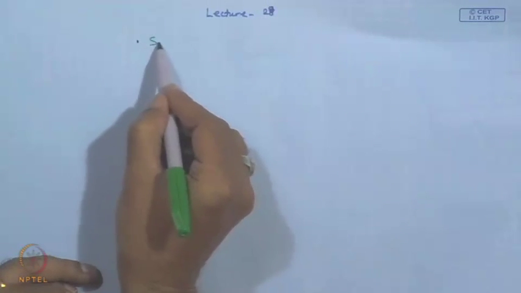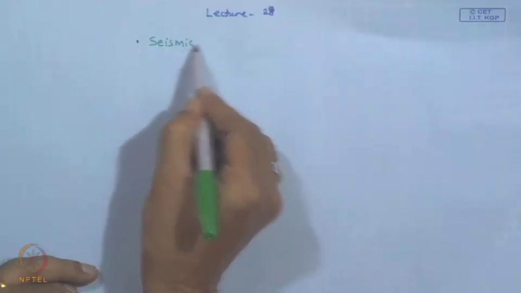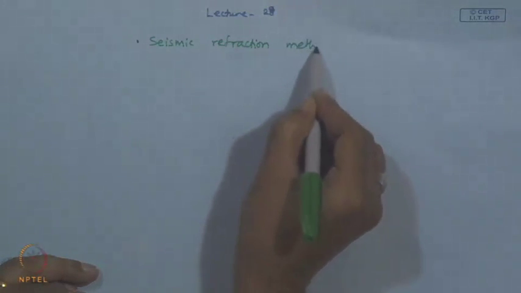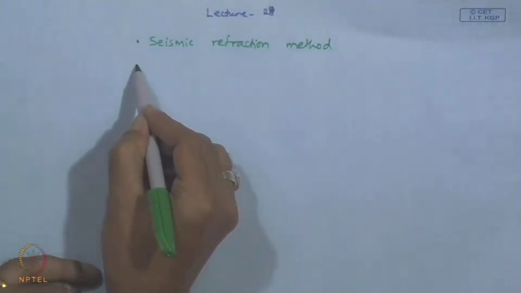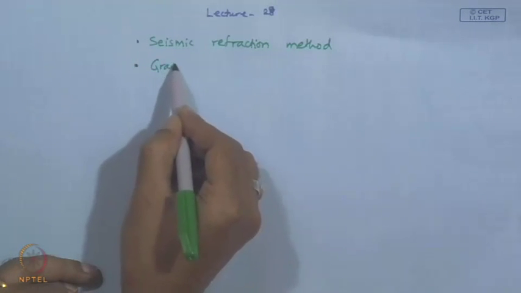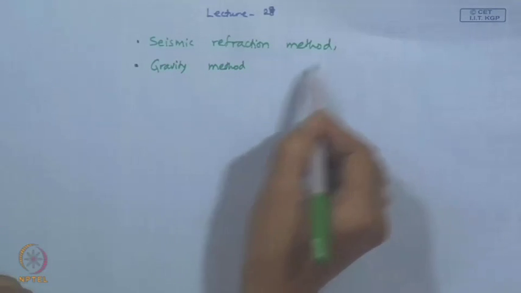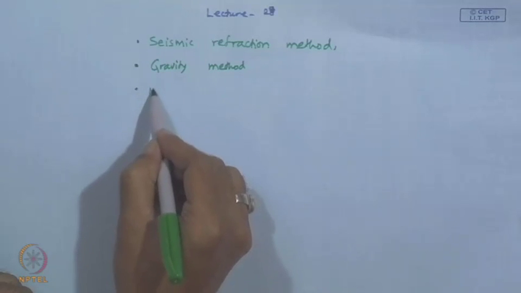So, in this lecture we will continue the incomplete part in the previous lecture, that is on seismic refraction method, followed by gravity method, and magnetic method.